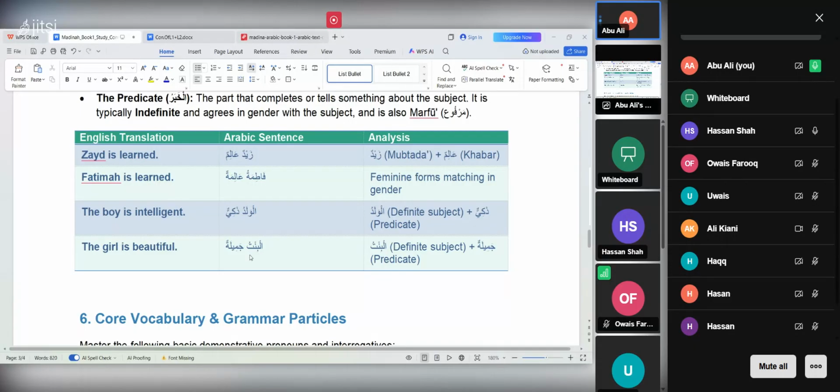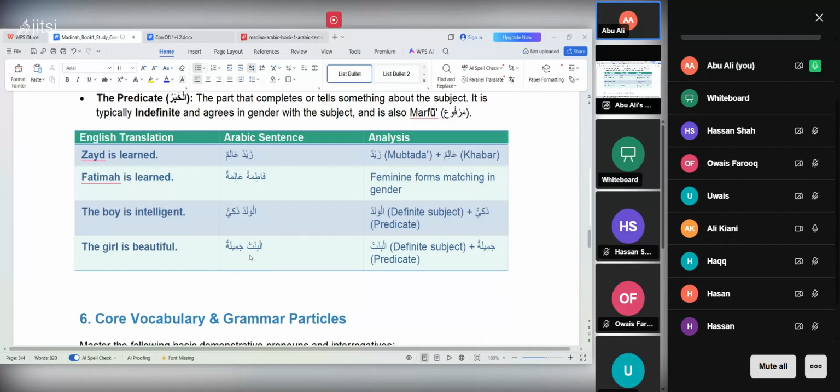Let's go back to the first sentence. Zaydun alimun. Tell me the subject and tell me the predicate. The subject is Zaydun, and the predicate is alimun. Okay, that's correct. Which one is definite usually? Mr. Ali Aoun, which one is definite?